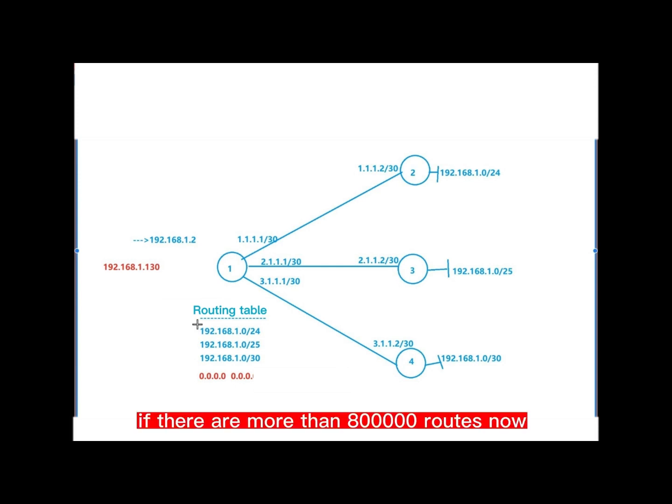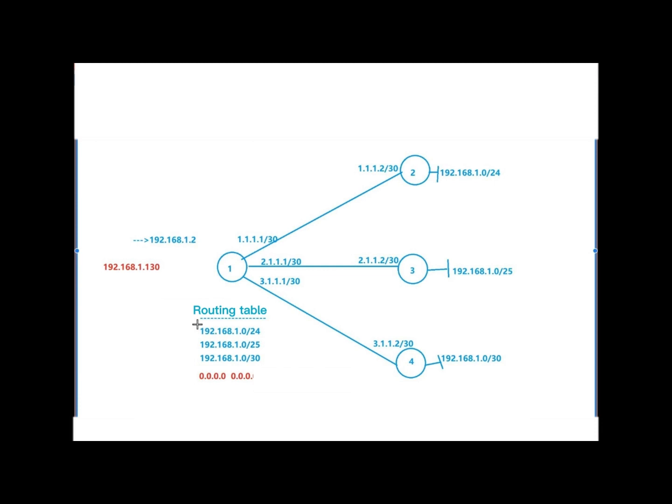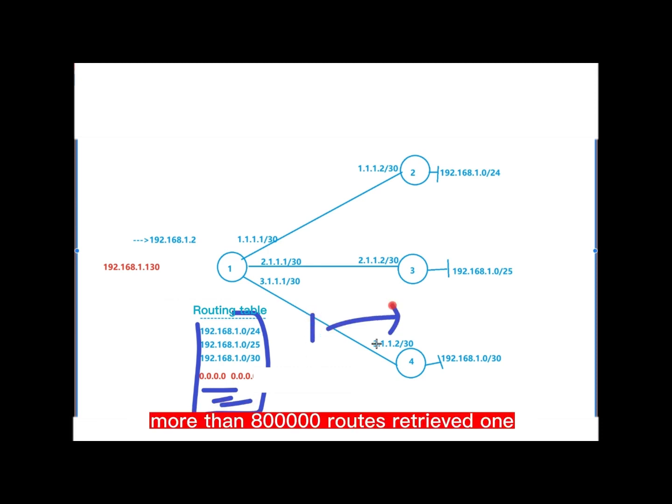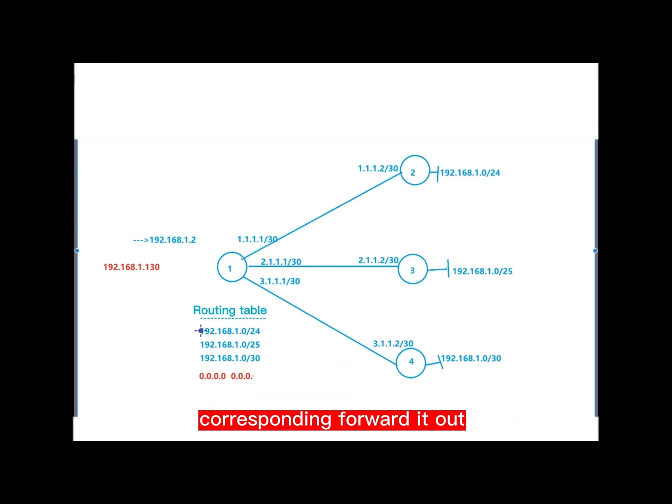If there are more than 800,000 routes, then when sending a piece of data and searching the routing table internally, retrieving one of more than 800,000 routes and forwarding it out, from sending data to Google to receiving its reply, maybe 7 or 8 hours have passed. The data has not been sent yet.